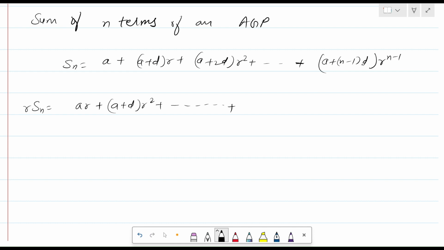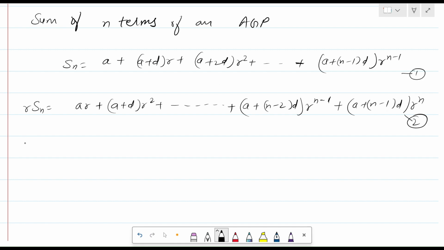The n minus 1 term, what will it be? a plus n minus 2 d times r raised to the power n minus 1, plus a plus n minus 1 d multiplied by r raised to the power n. This is equation 1 and this is equation 2.